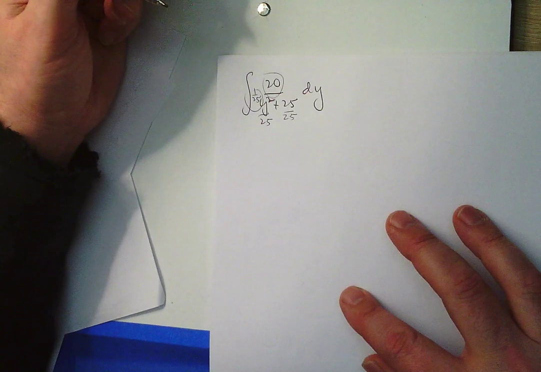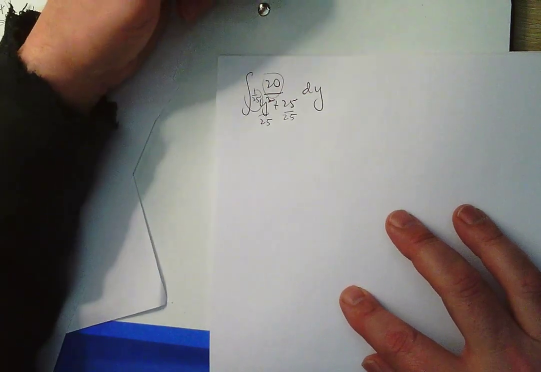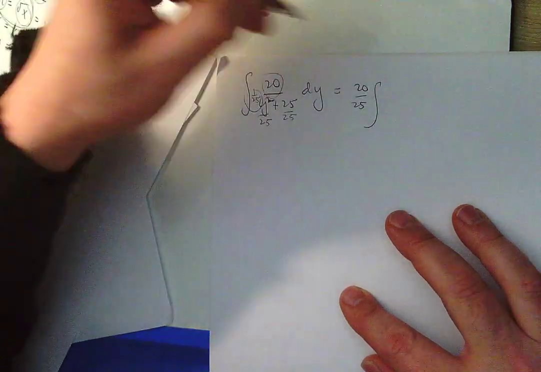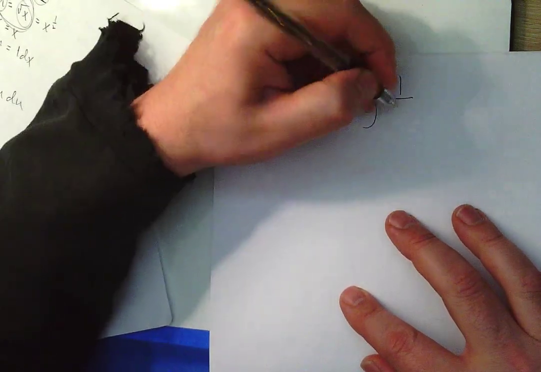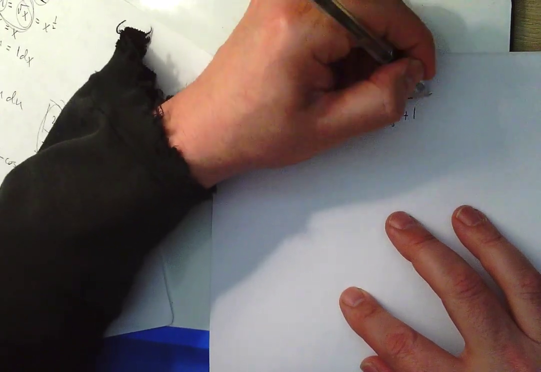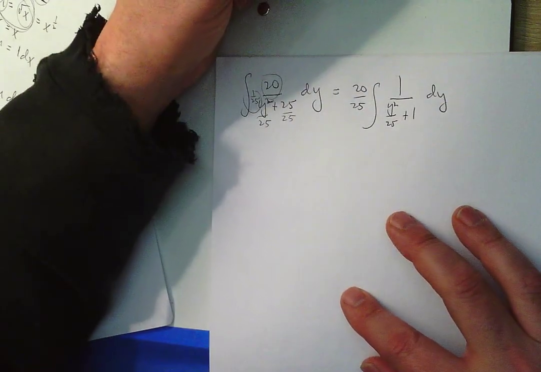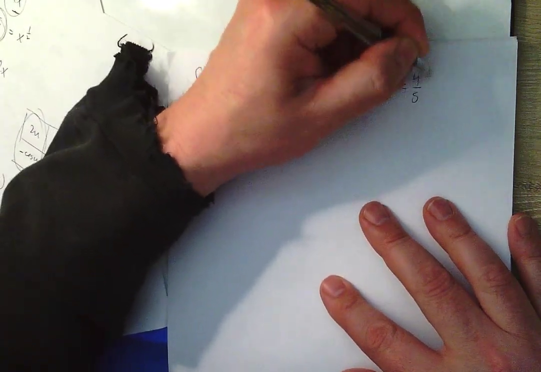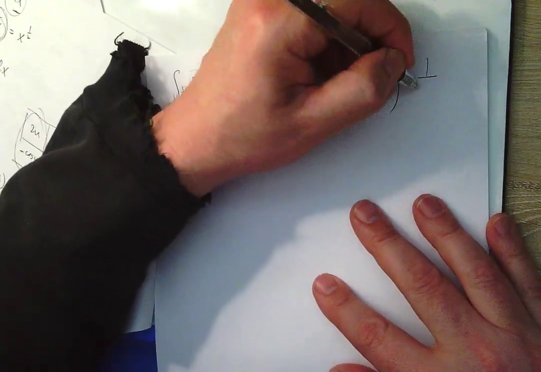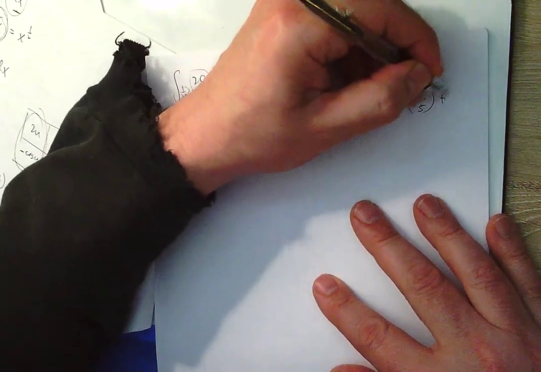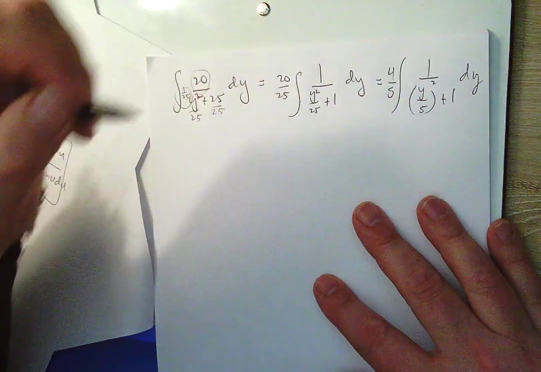I'm going to pull out these two constants, and I'm going to have 20 over 25 integral 1 over y squared over 25 plus 1 dy. We can rewrite this as 4/5 integral 1 over (y over 5) squared plus 1 dy.